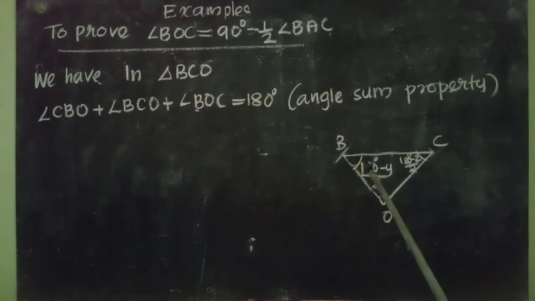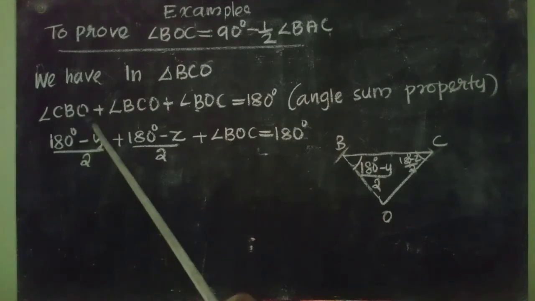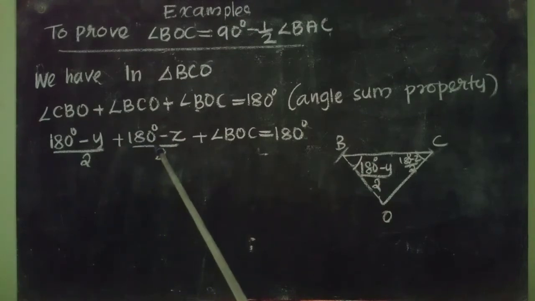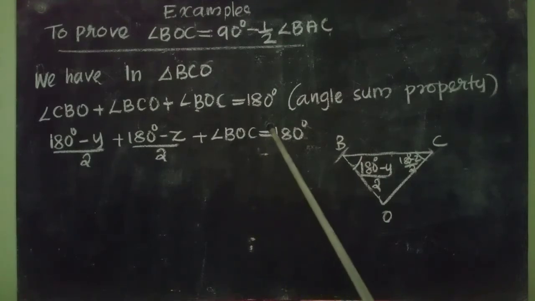So we know what is angle B, what is angle C. So let us give that all values there. So we get 180 degree minus y by 2 plus 180 degree minus z by 2 plus angle BOC equal to 180 degree.